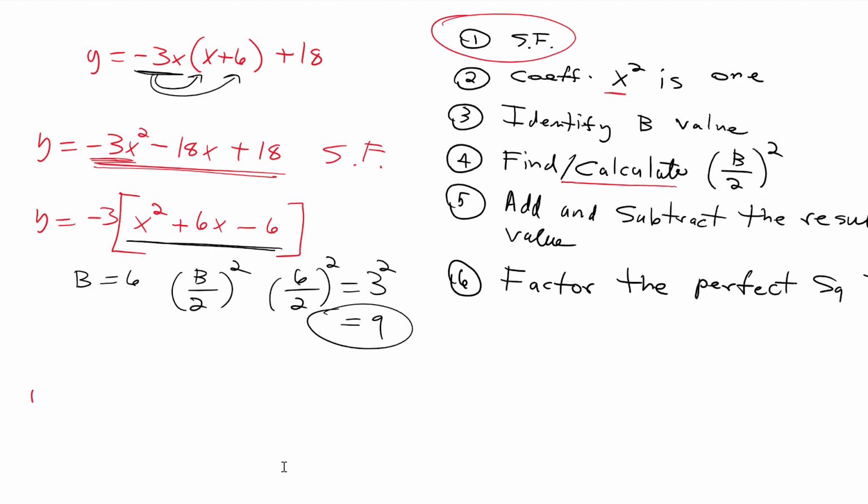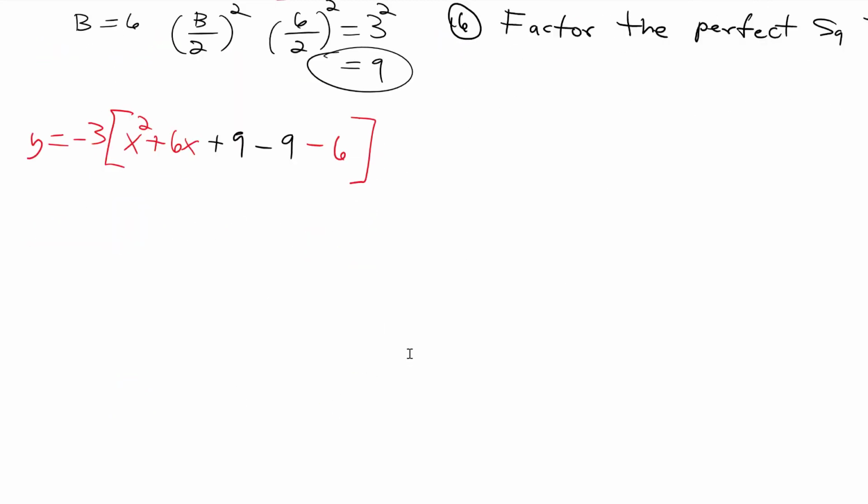We got y is equal to -3(x squared plus 6x plus 9 minus 9 minus 6). Now, this is a perfect square trinomial, and we need to go ahead and factor that.